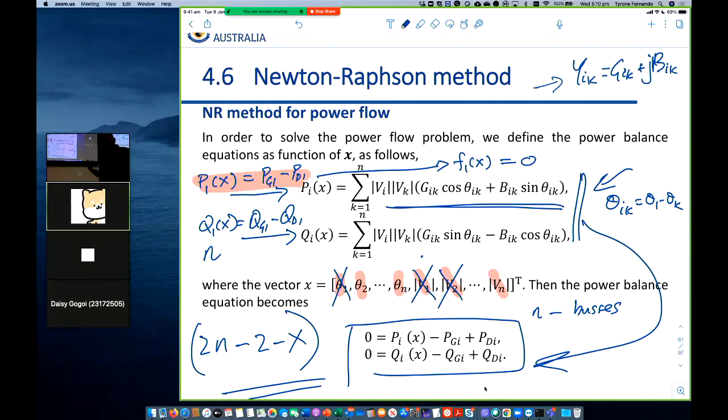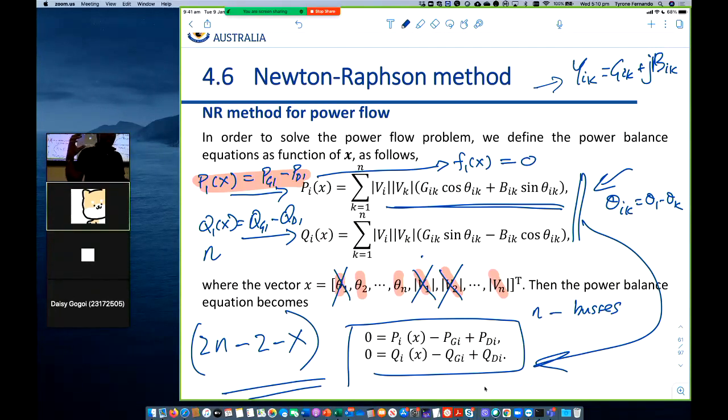P_Di is whatever a load will consume that is connected externally to bus i. And now we can write a power balance equation, something equaling 0. So we can say P_i minus P_Gi plus P_Di must equal 0. In fact, P_i equals P_Gi minus P_Di.